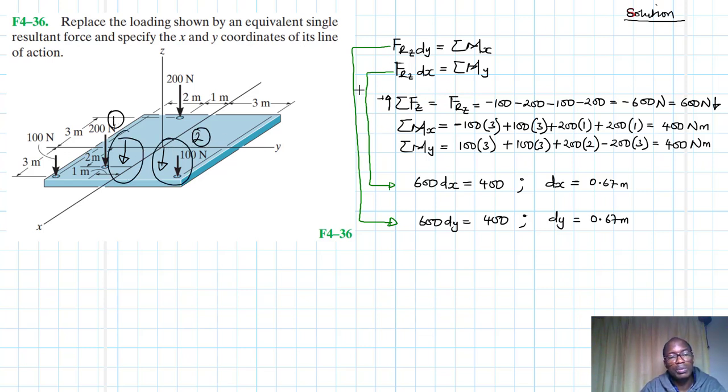For it to give a positive moment, where do you think we are going to place our resultant force? Again, use the right hand thumb rule. Which one is going to give us a positive moment between 1 and 2? 1. Great. So we have to place it that side. All right, is that fine? Great. So since we've determined that, now let's begin to draw.